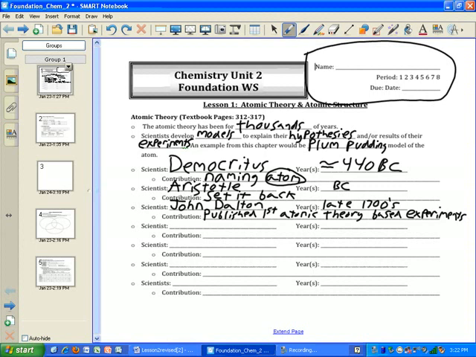J.J. Thomson, which is what we talked about before, was the next scientist talked about in the chapter. And he was around the year 1897. And like we said, he discovered the first subatomic particle, the electron, and came up with the plum pudding model.